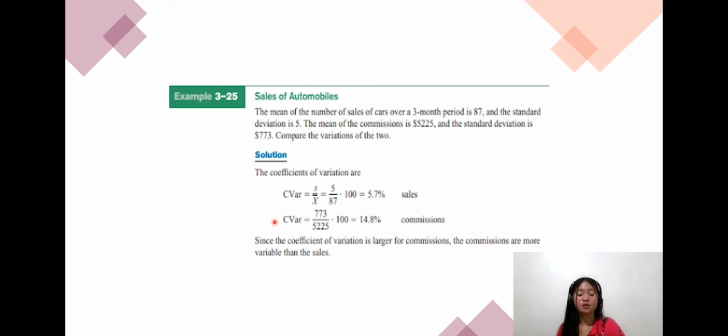Then we also solve for the commission. The standard deviation is 773 divided by the mean, 5,225, times 100, which comes up to 14.8%. So that is for the commission. Since the coefficient of variation is larger for commissions, the commissions are more variable than the sales.